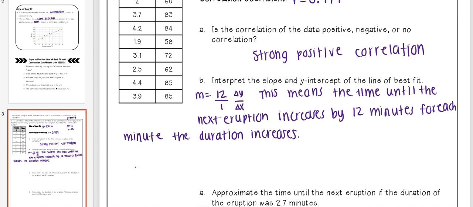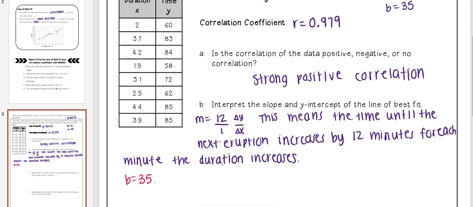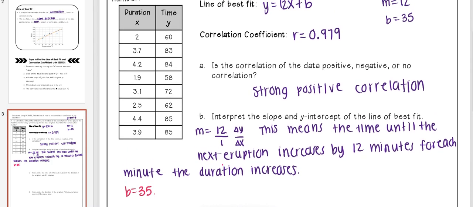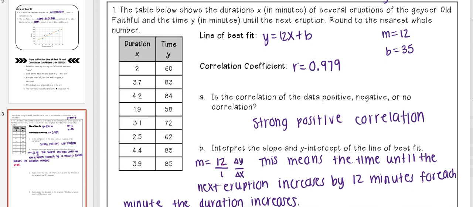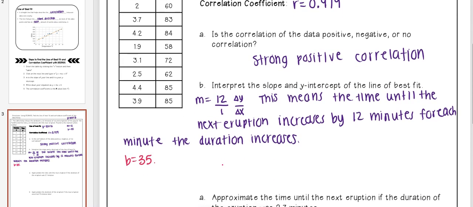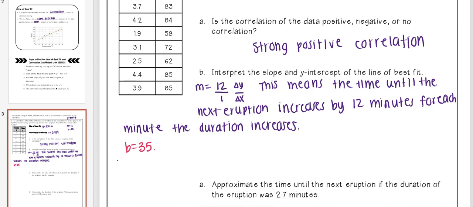And then my y-intercept was 35. So that's my y value, and so that is my time until the next eruption. But if you remember, for my y-intercept, that means that my x value is 0. So this is really the same thing as the point (0, 35).